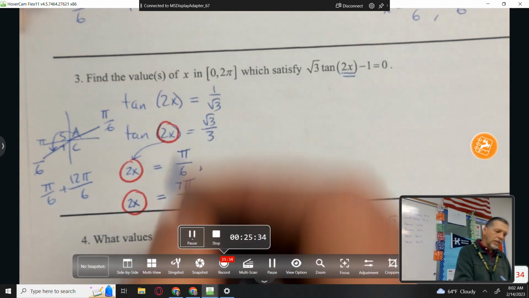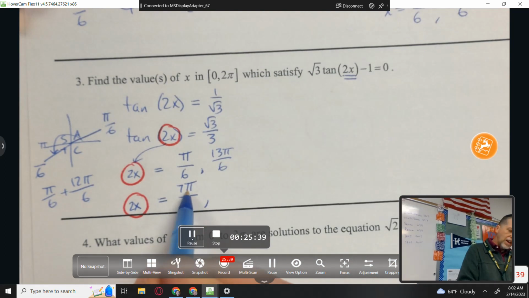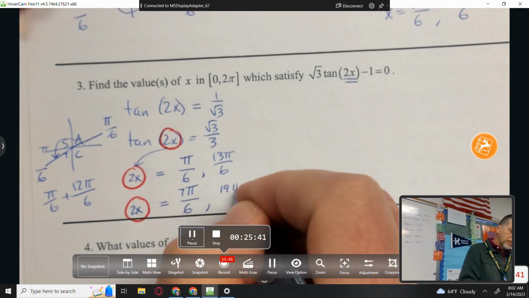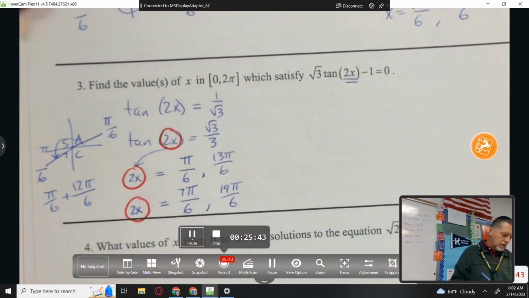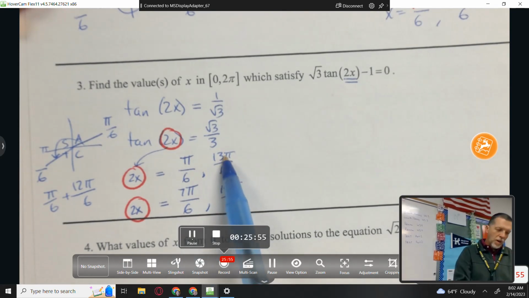That would be 13 pi over 6. And add 12 to this one, you get 19 pi over 6. And the 2x means I need twice as many answers, so I can just add 2 and be done. Or add 2 pi to each answer.